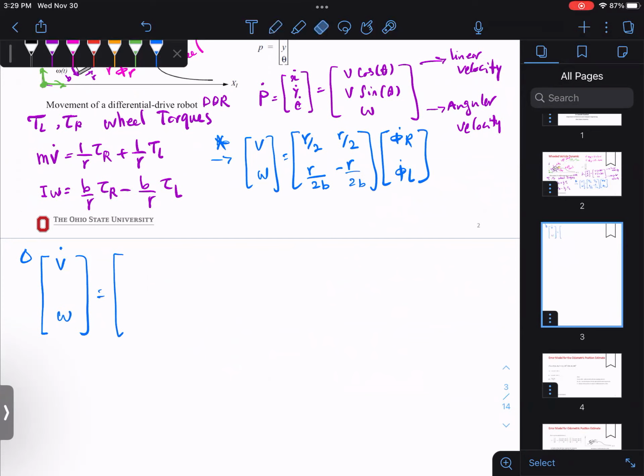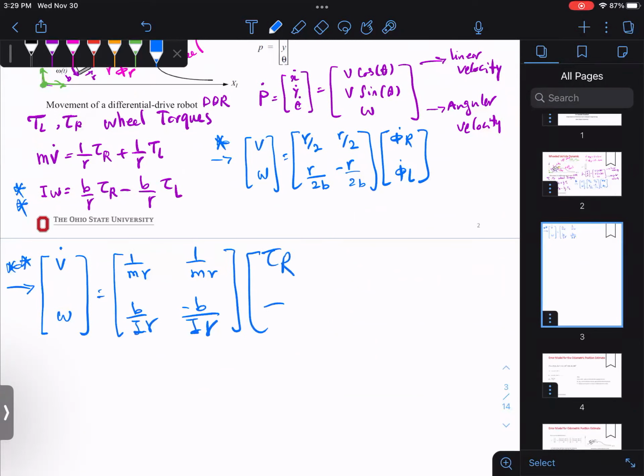If I put that 2 stars, then I can follow from 2 stars. You can put that in matrix form, 1 over MR, b over I R, 1 over MR, negative b over I R. So that is radius, that is inertia, times tau R, tau L.